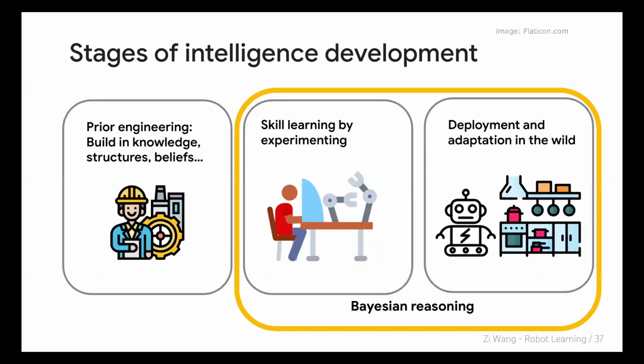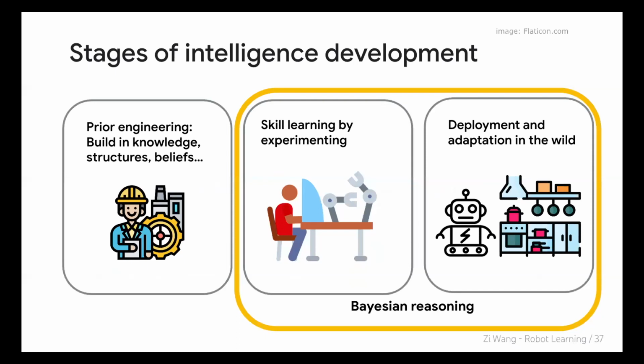All right, I'll continue. So the last piece of the puzzle is, how do we make sure the prior engineering part carried out by our experts will be informative enough for the robot to decide what to do in the world?